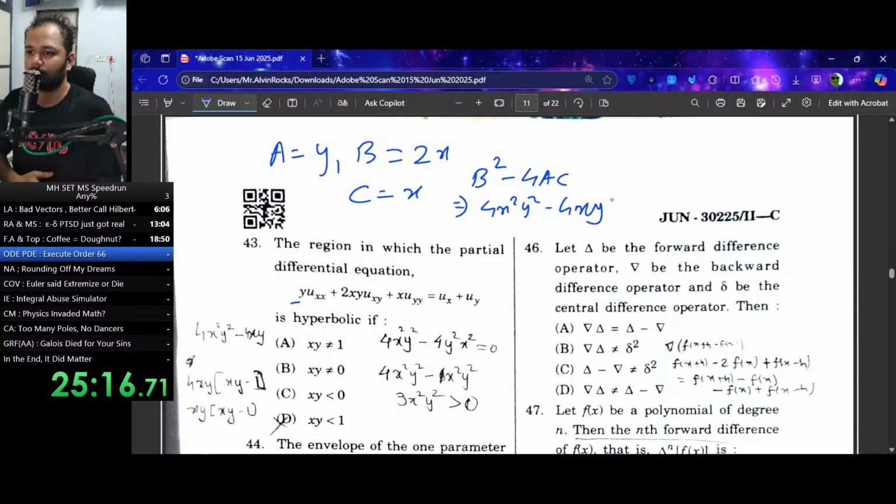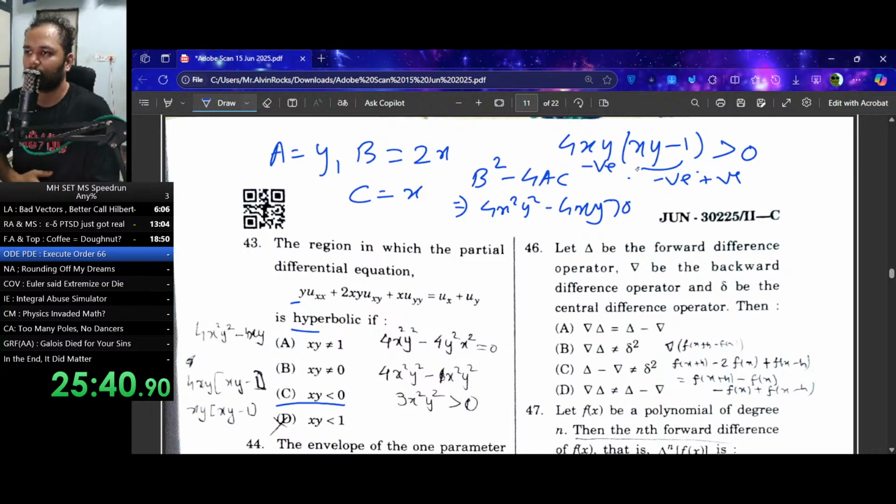That should be, for hyperbolic, greater than 0. 4x(x minus y) greater than 0. Now if x minus y is negative, this inside quantity is negative, negative times negative will give you a positive. So therefore that is the answer.